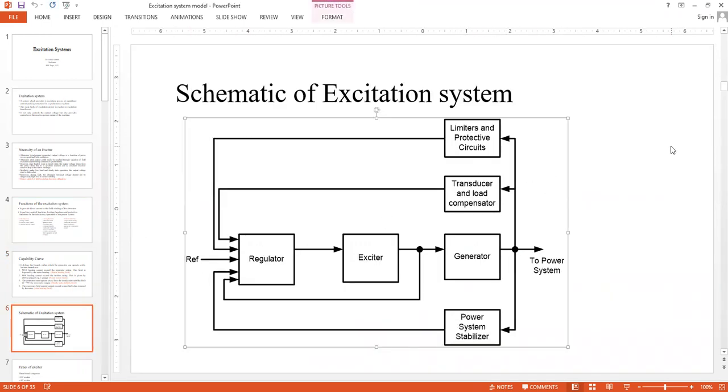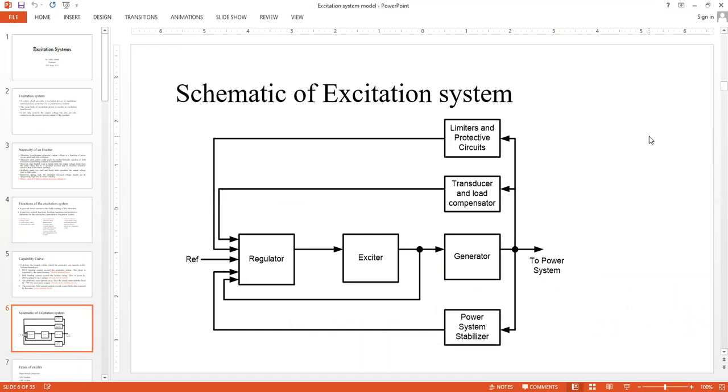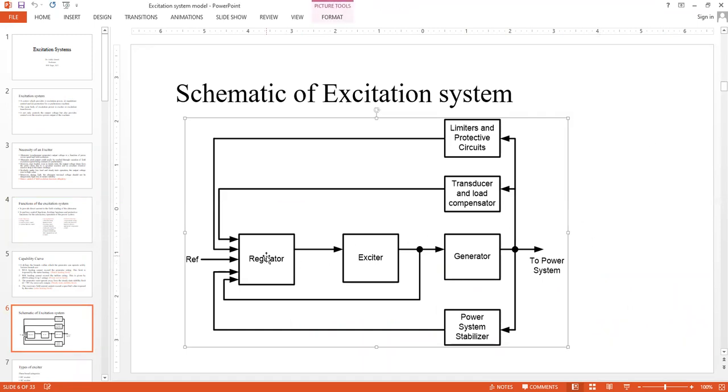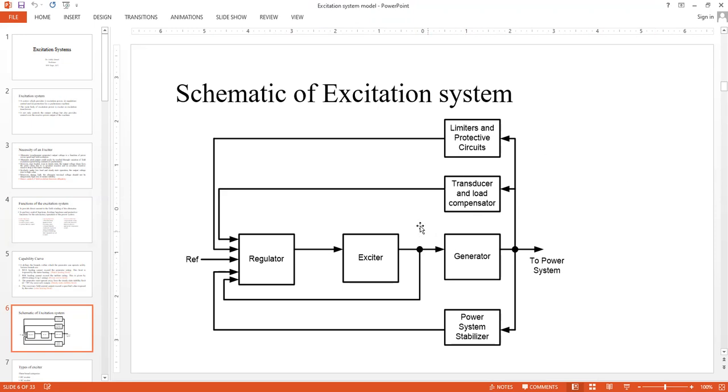Then this schematic of the excitation system was taken into consideration, where we discussed in brief each of the blocks: the exciter block, the voltage regulator block, the stabilizer block, the transducer and load compensator, as well as the limiters and protective circuits.